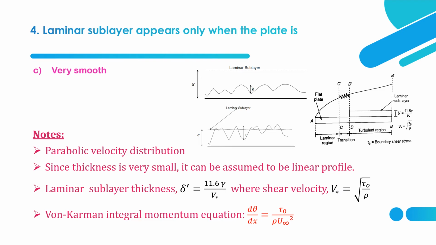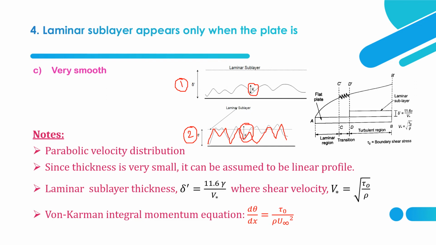Here in this diagram you can see this k is nothing but the height of roughness. The first diagram refers to the flat smooth plate. The second diagram refers to a rough flat plate. Rough means there are many roughnesses here, a rough surface. So the roughness length is very large.